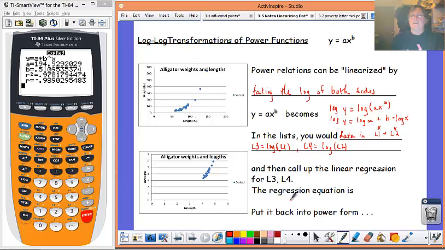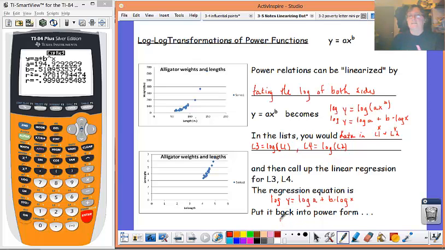The regression equation is what we had above, that the log of y is equal to the log of a plus b times the log of x. And if you look in your textbook, you can see the specific numbers for this alligator problem. But to put it back into power form, that's just going the other direction.